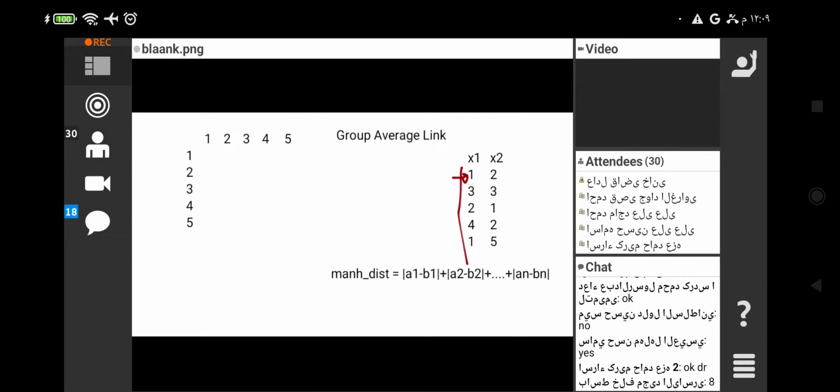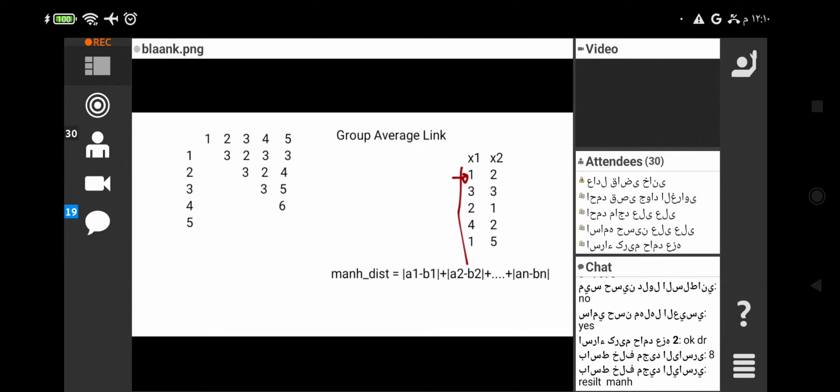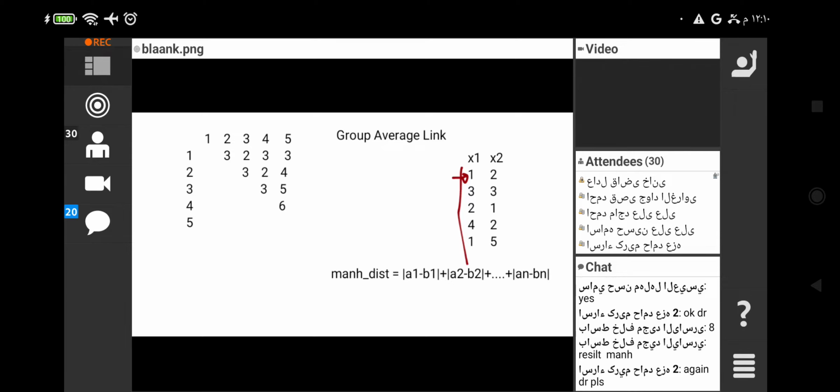Okay, which one is 8? Which one is 8? Yes, result Manhattan for which data?